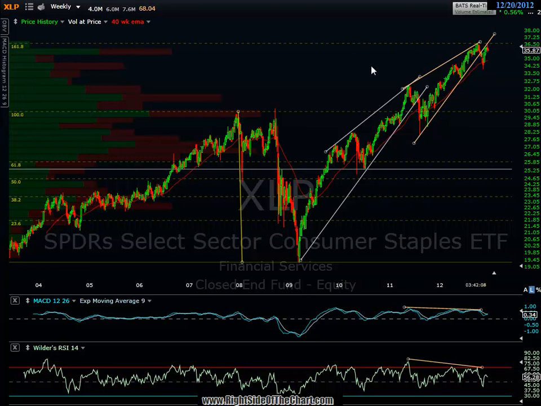Interesting to note as I'm looking here, I've had these Fibonacci retracements on this for years. This was the top of the last bull market, these two peaks back here in '07 and '08, so that was the full move down. And interesting how we hit, which is a key Fibonacci number, the 161.8 retracement is where this move stopped.